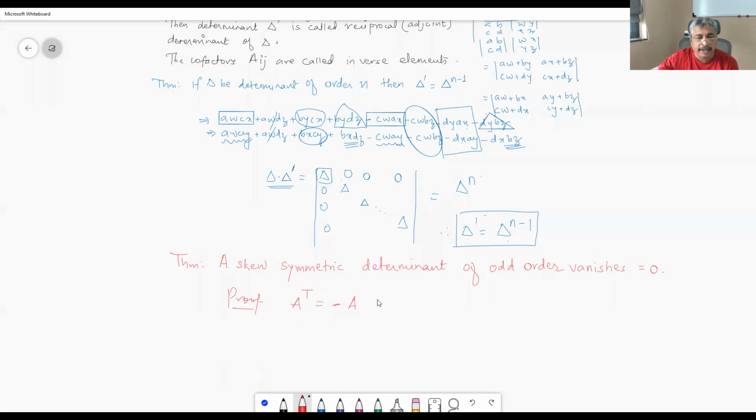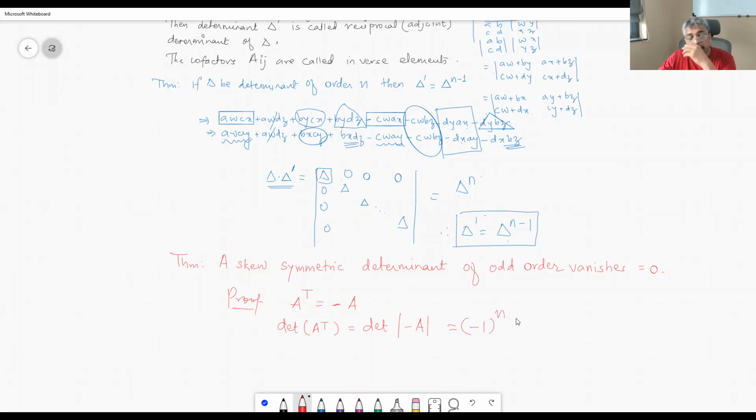Now if you take determinants, determinant of A transpose is equal to determinant of opposite of A, which is minus 1 raised to n.